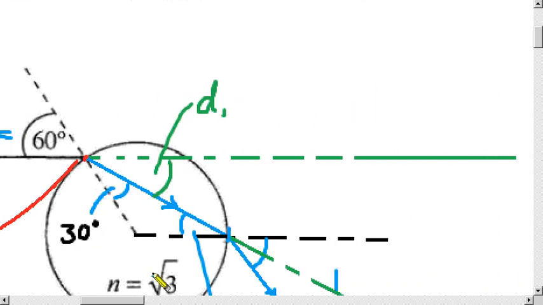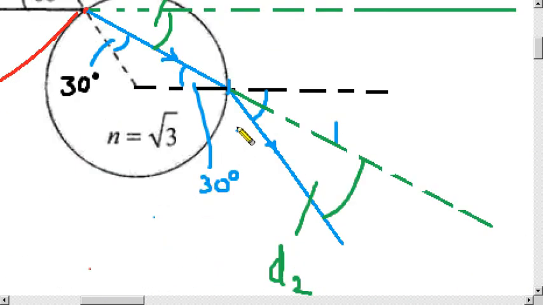So now the refracted angle is 30, so this emergent angle must be this one, 60. You don't have to calculate it. This one is 60. Same 60 to 30, 30 to 60.